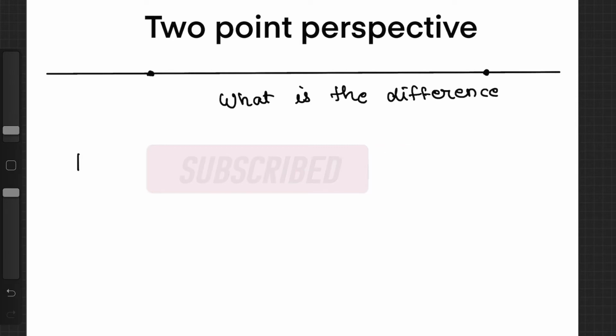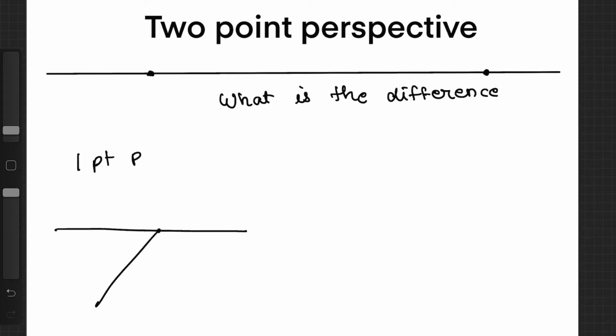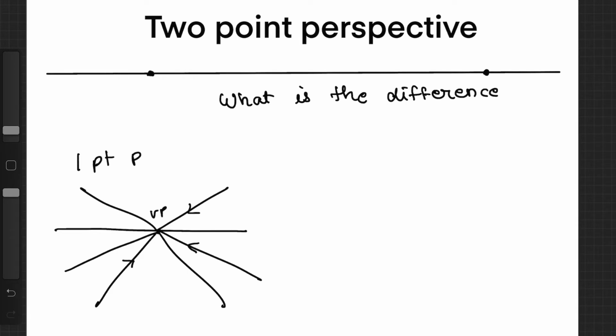So we have one-point perspective where we have the horizon line and the vanishing point, that's it, right? So every line, either from top or bottom, will always converge at this vanishing point. Now come to two-point perspective.